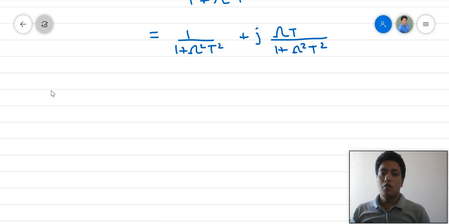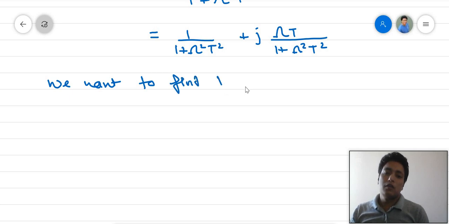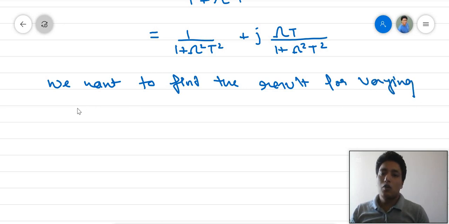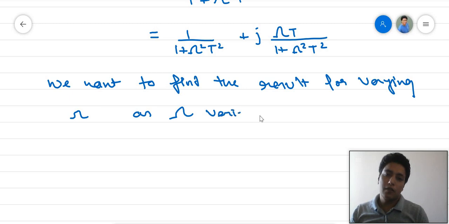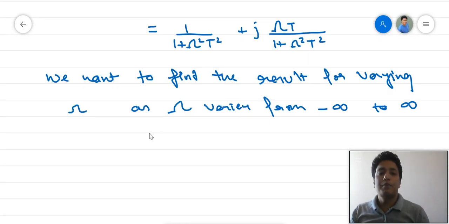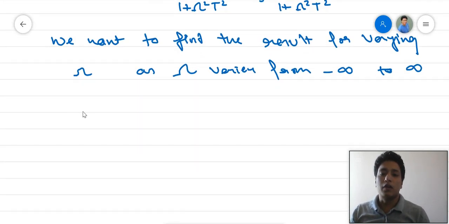Now we want to find the result for varying omega, as omega varies from minus infinity to infinity, and we want to map that particular result in the z domain.